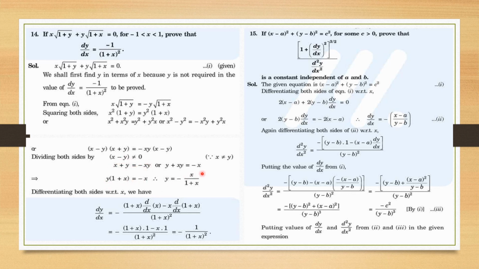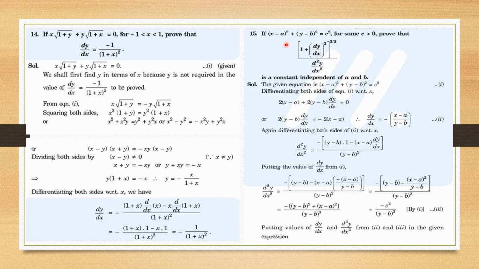So y will be minus x upon 1 plus x, which can now be easily differentiated by taking the quotient rule, like 1 plus x whole square into 1 plus x times d dx of x is 1 minus, this minus sign should be taken into consideration, and minus x times d dx of 1 plus x, which is 1. So it becomes minus 1 upon 1 plus x whole square.